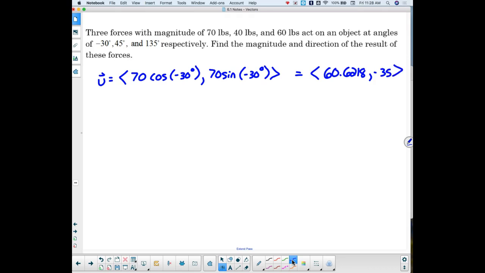So force U, the first force, has a vector, if you will, of 60.6218, comma, negative 35. The second force has a magnitude of 40 and an angle of 45 degrees.